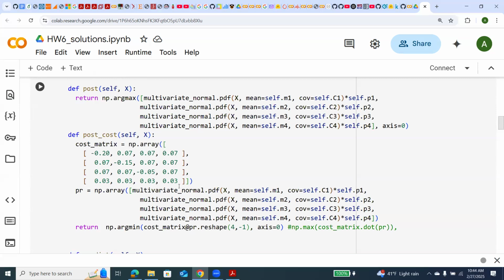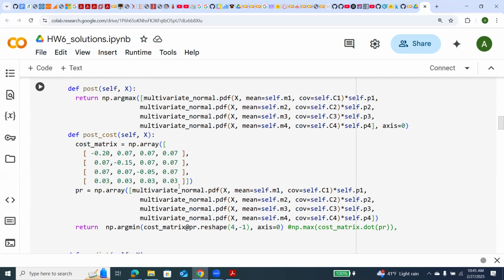So the only difference from the previous one is that in probability we take the maximum, in cost we want to minimize cost, so we will take the minimum here.